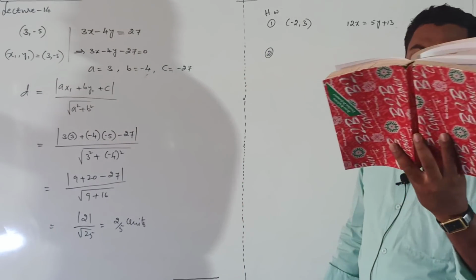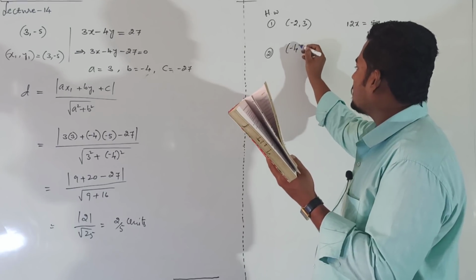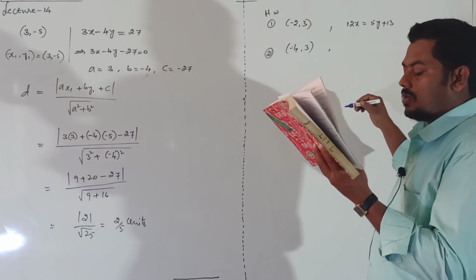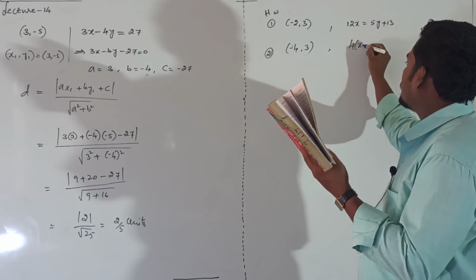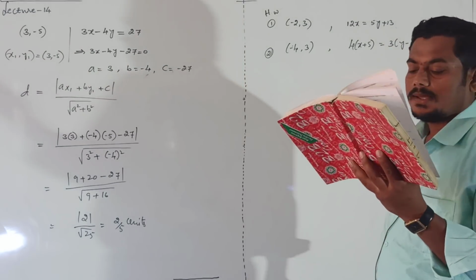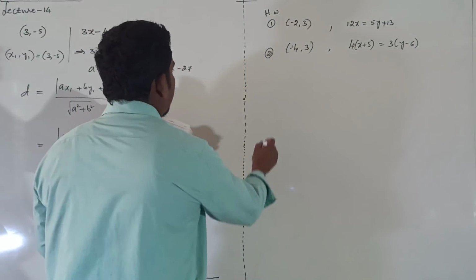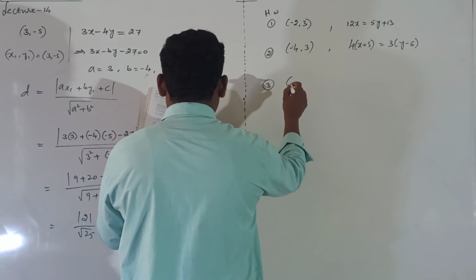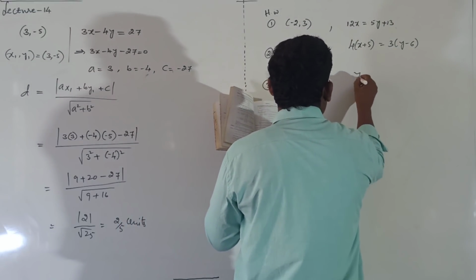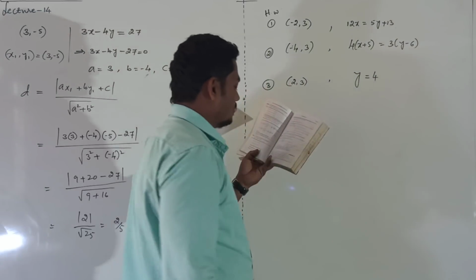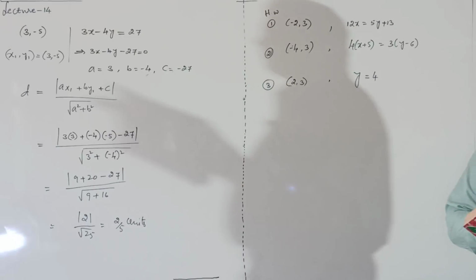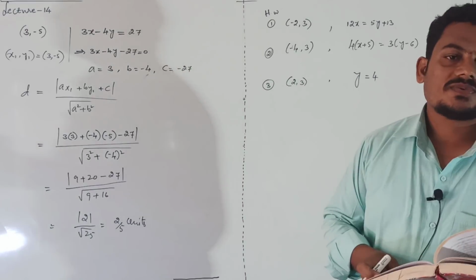Second one, find the distance of the point (-4, 3) from the line 4(x + 5) = 3(y - 6). Third one, find the distance of the point (2, 3) from the line y = 4. Just take these 3 problems for homework.